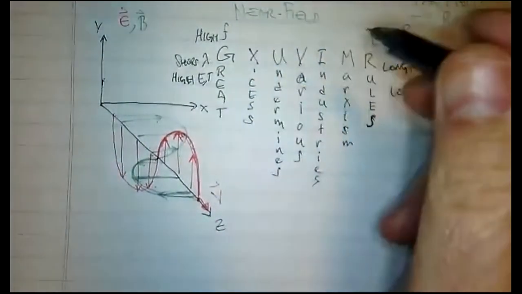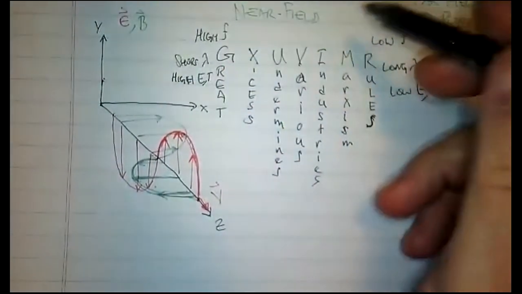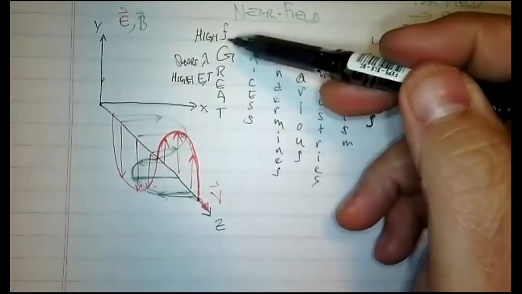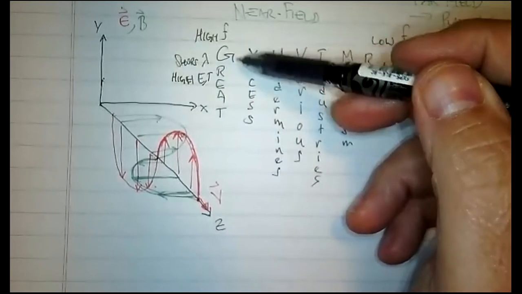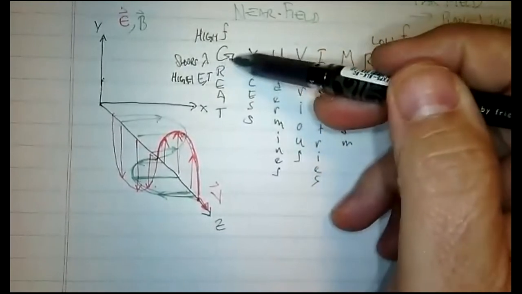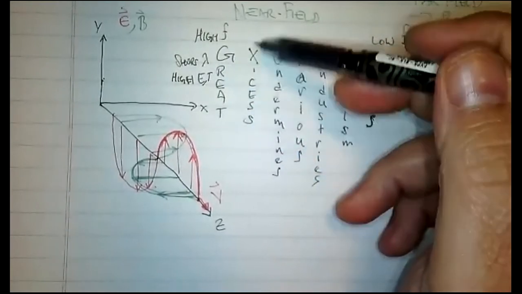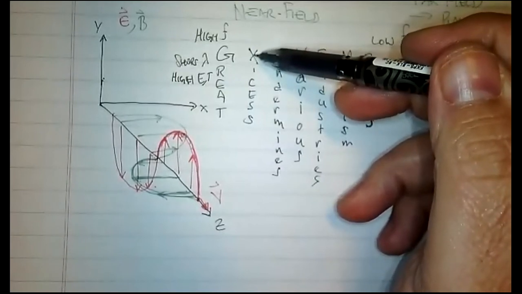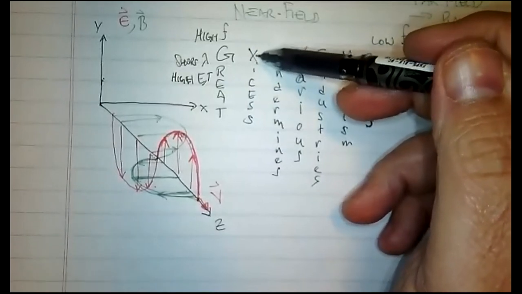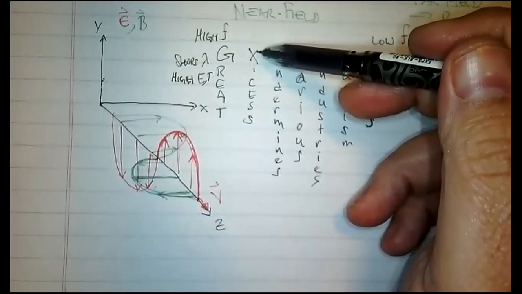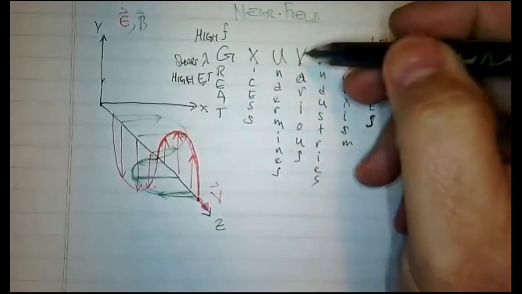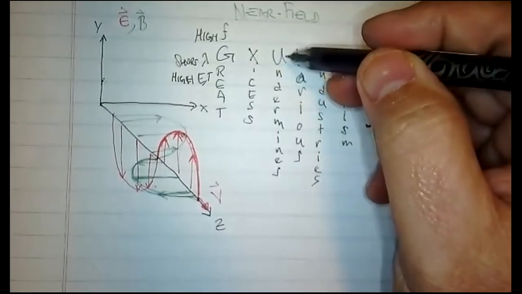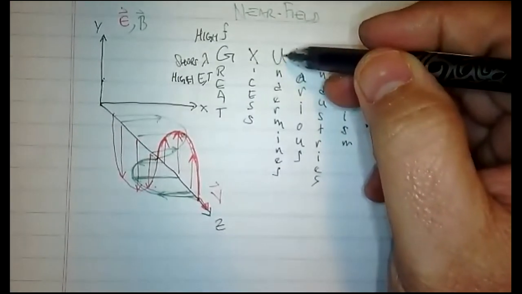Now, these are the parts of the electromagnetic spectrum. Anybody want to guess what this one is? Incredible Hulk. This is the help I'll give you. Gamma rays. What's this one? X-rays. UV.